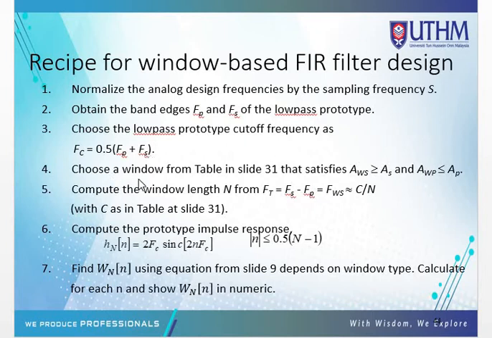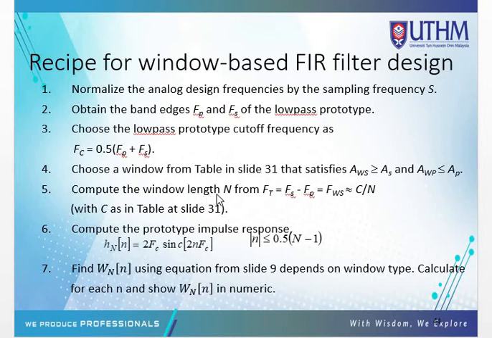Number 4, choose a window from the table in slide 31 that satisfies AWS, the peak side lobe attenuation, being more than the stop band attenuation, and AWP, the passband attenuation, being less than or equal to the passband attenuation.